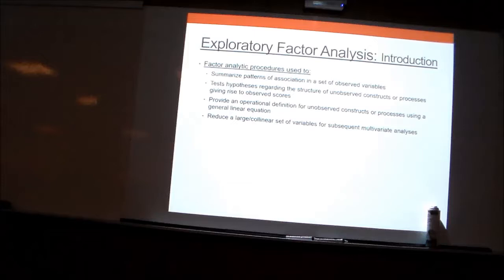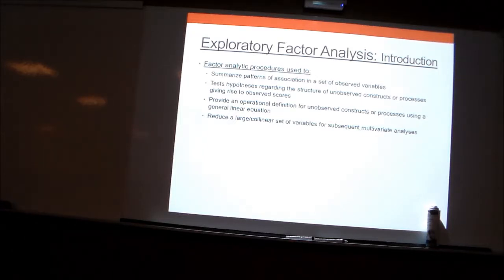We also can use this to test hypotheses involving the structure and the unobserved construction processes that are giving rise to those unobserved scores. So in essence, I have a measure of extroversion, right? But extroversion is a hypothetical construct. I've got some indicators that I think should tap into extroversion and some other items that should tap into neuroticism.